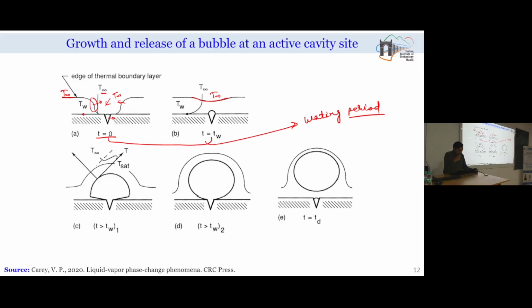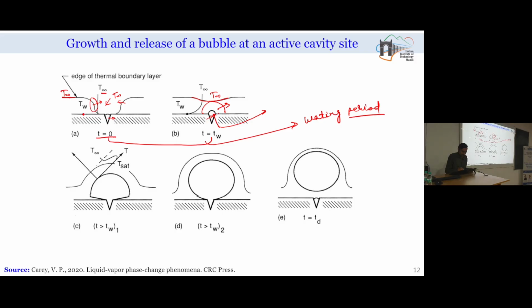After this point, in this zone the water has sufficient superheat. If it has sufficient superheat and a significant amount of vapor volume has come and the site has become active, then from this point we will have immediate, faster growth of the vapor coming out of the cavity.